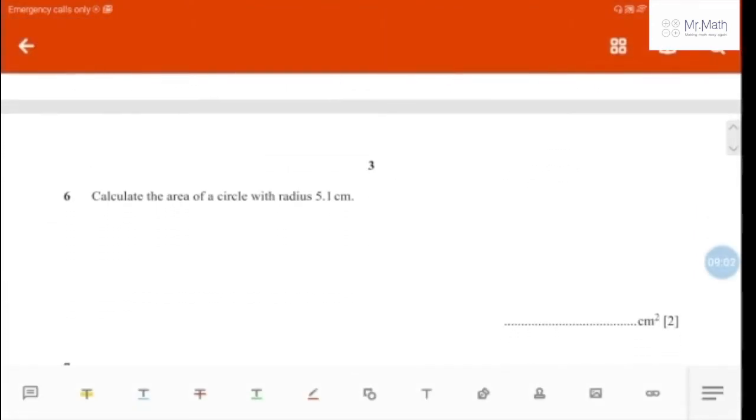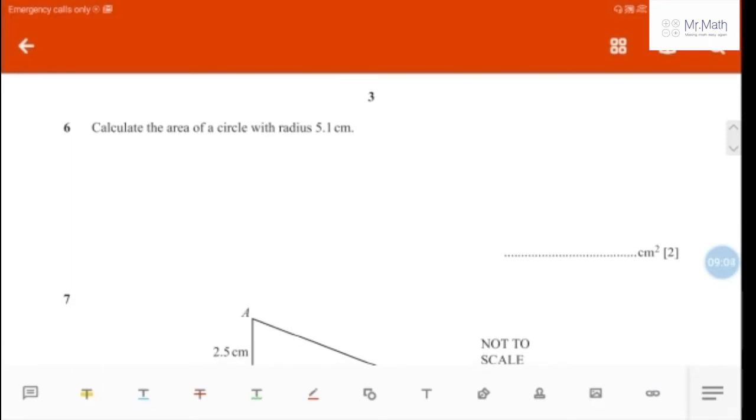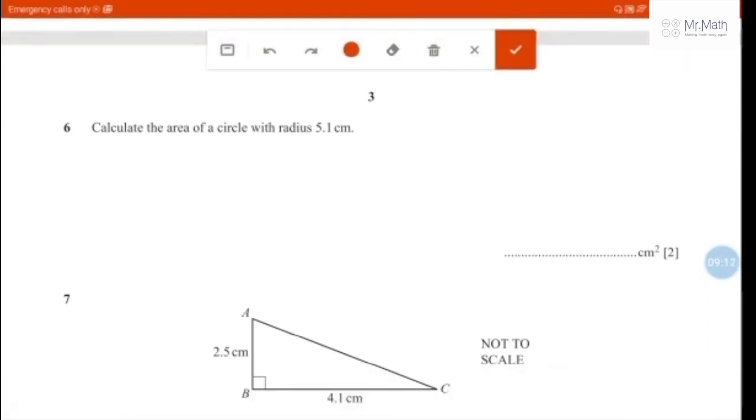Great. Now let's solve question 6, and it's very simple. It says calculate the area of a circle with radius 5.1 centimeters. So for any circle, the area is A equals pi r squared. So I have pi times r squared, and r here is 5.1.